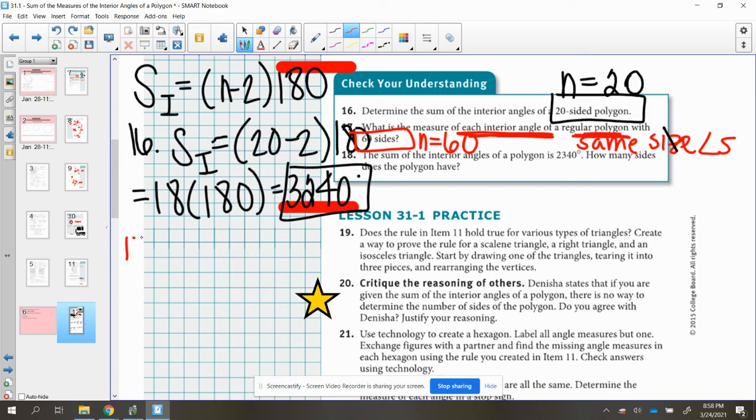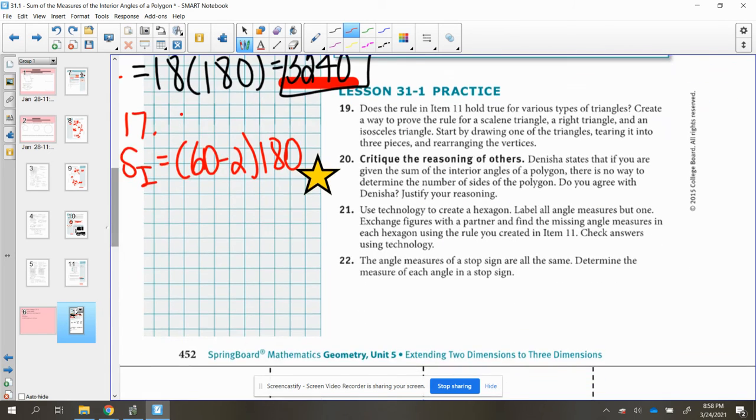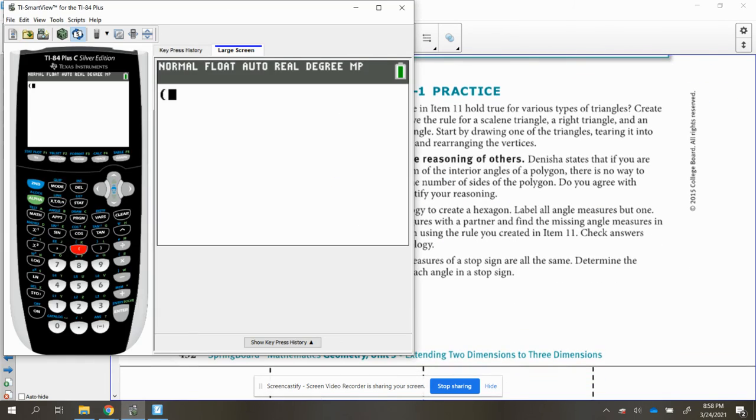So basically what we're saying in number 17 is we have a total of 60 sides. If we look for the total sum of the interior angles, it would be 60 minus 2 times 180 degrees, okay? But we want to figure out what each individual angle is.